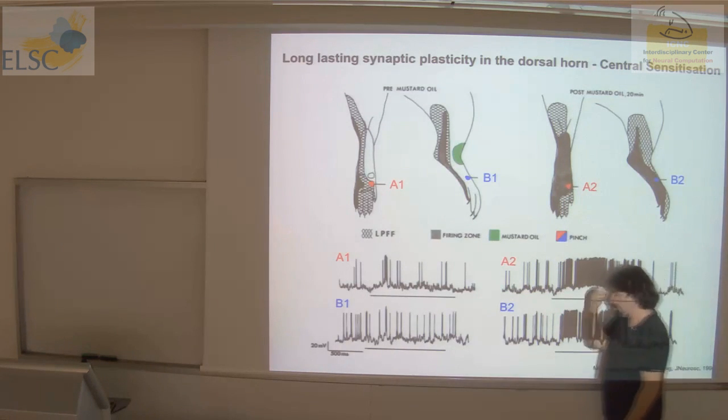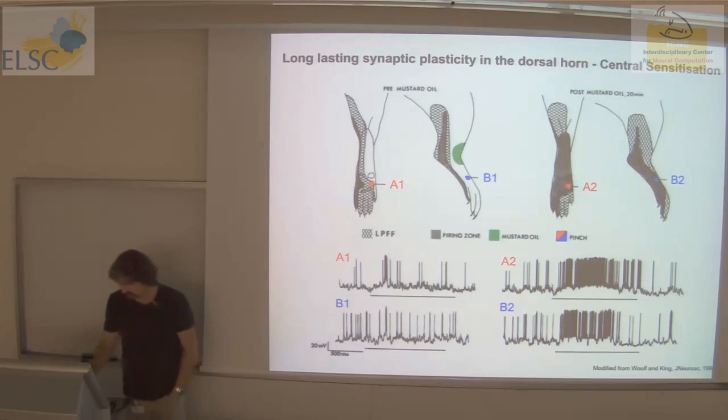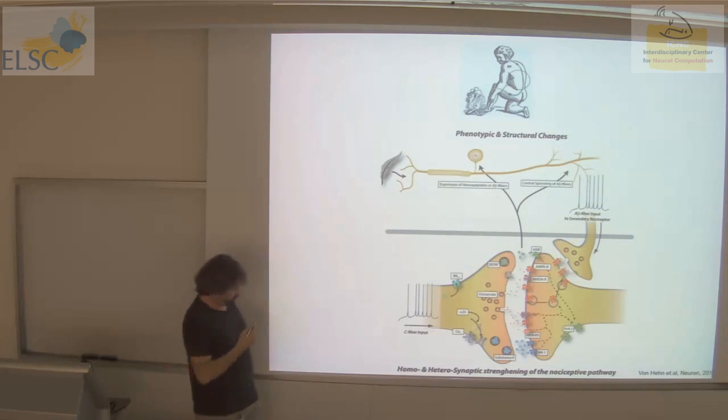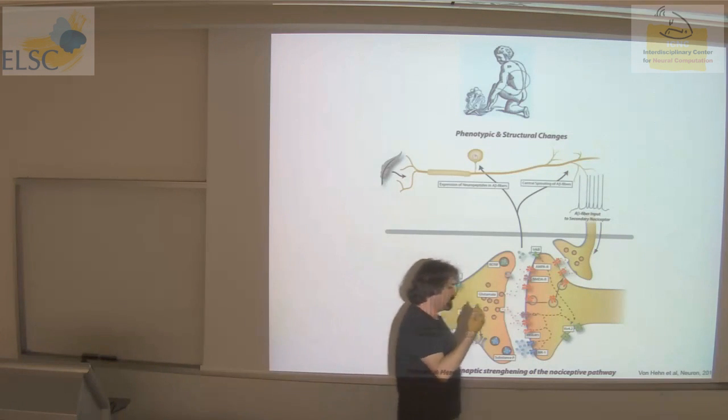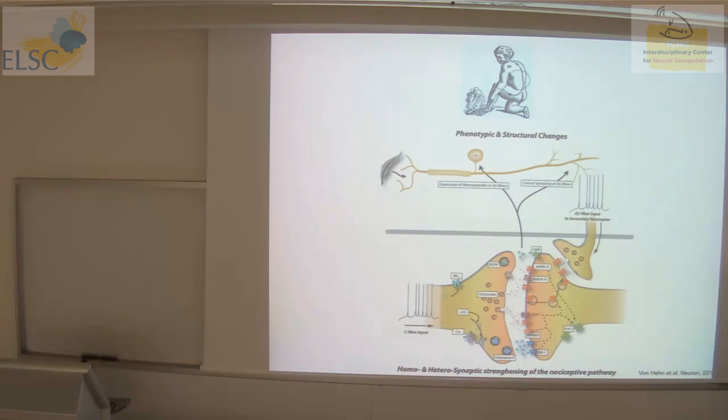So basically, what happens here is a case of plasticity that we call central sensitization. Sensitization is a plasticity that occurs at the spinal cord level, and it occurs in several ways. The first way is synaptic facilitation between pain neurons and central neurons.